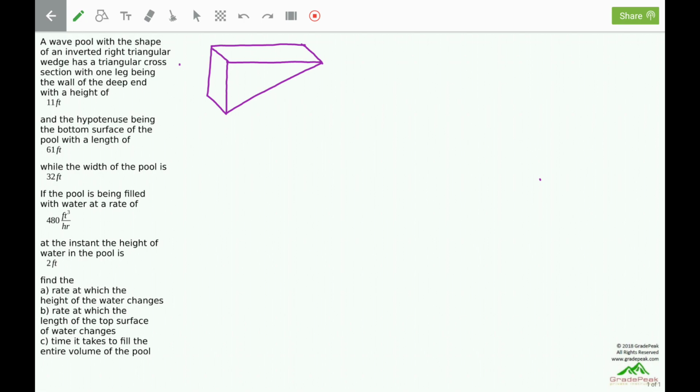The deep end has a fixed height of 11 feet, while the bottom surface of the pool has a fixed length of 61 feet.